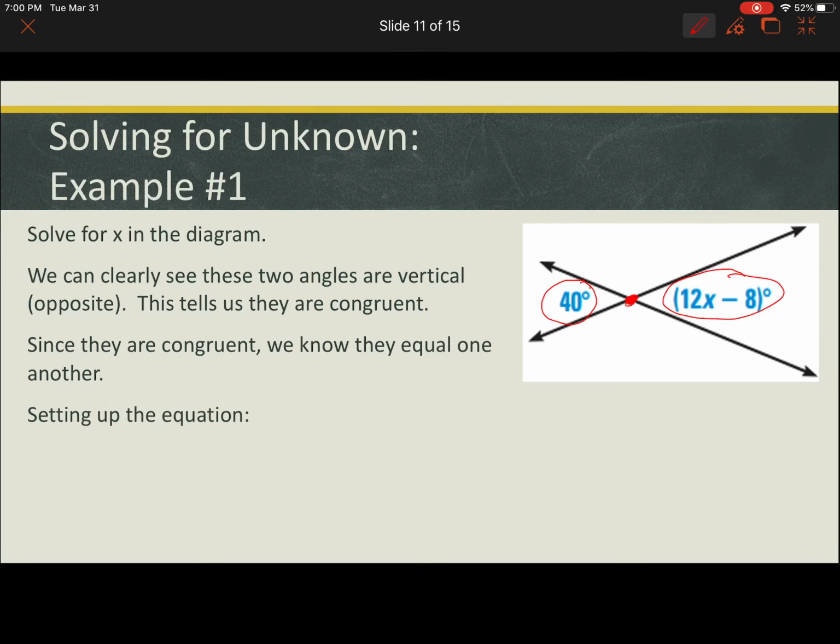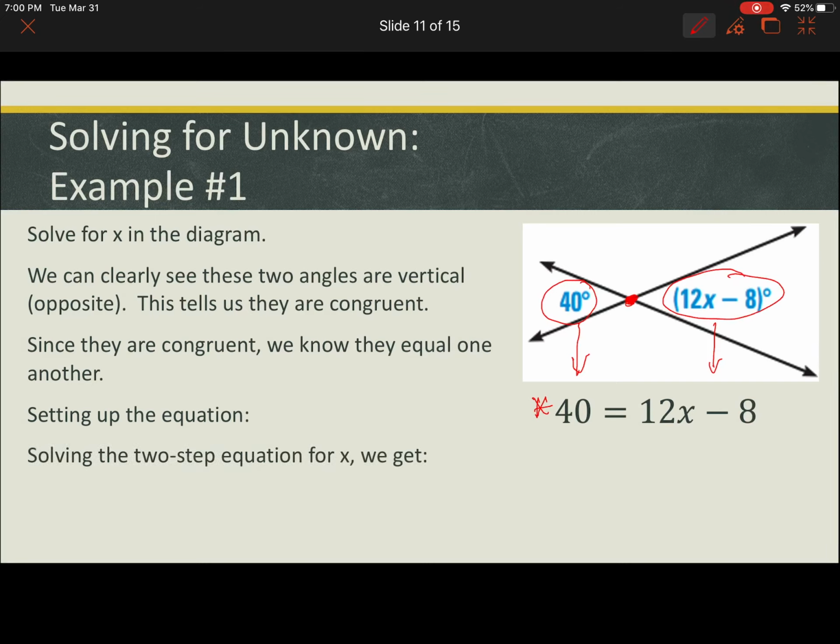So now we can set up an equation. And again, we're going to say that they equal each other. So this angle, which is 40 degrees, equals this angle, which is 12x minus 8. From here, we have to solve the two-step equation for x.